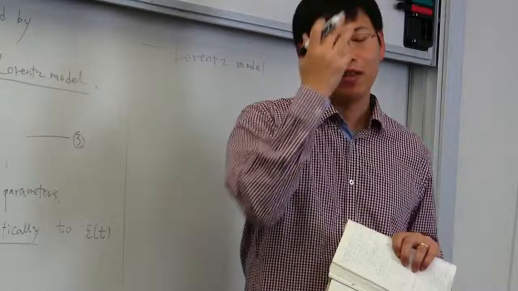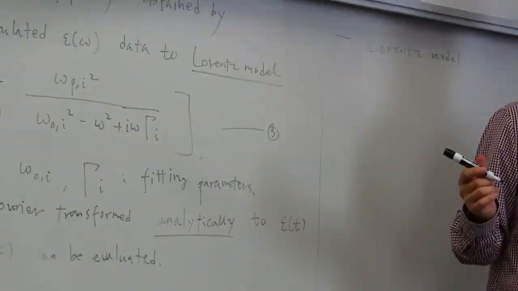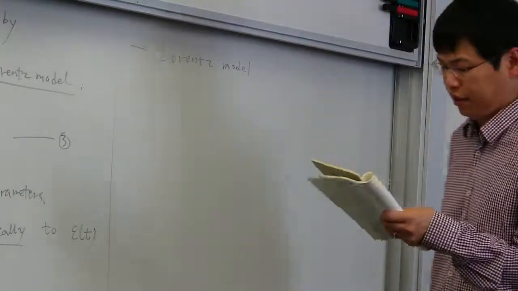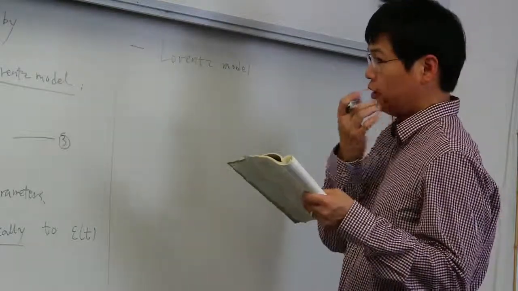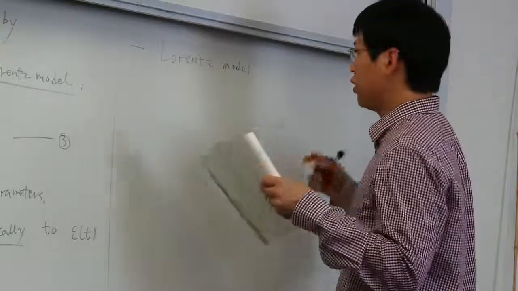But at the same time, evaluating epsilon as a function of time takes a bit longer. So there is a trade-off. And this Lorentz model is not the only analytic function used to fit the tabulated data.